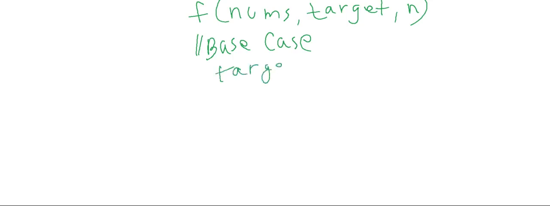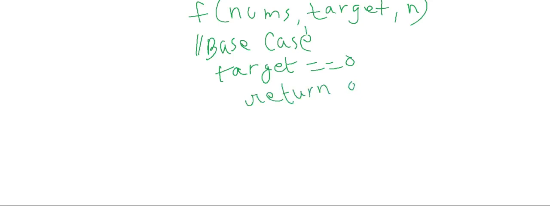And we will start with the last index, which is n, right? Now we have a couple of base cases, okay? The first base case is whenever our target is equal to 0. We are going to return true, because we found a subset whose sum is equal to target.